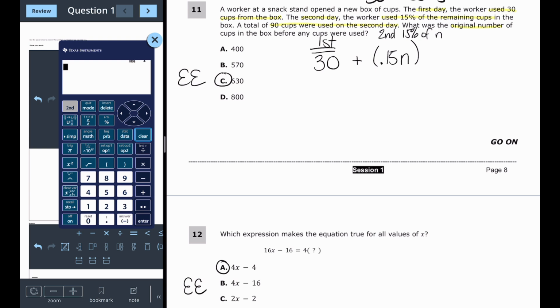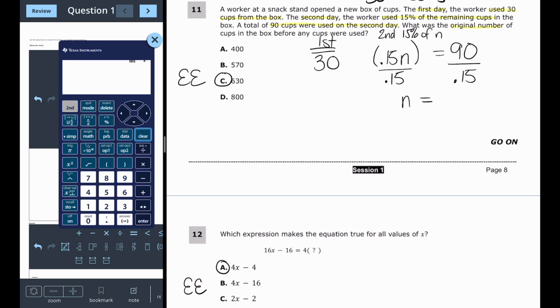Okay. So I'm going to start by looking at my second day, and he used 15% of some number is equal to 90. And we have no idea, but we know he used 90. To isolate my variable, I'm going to divide both of these by 15% written as a decimal.